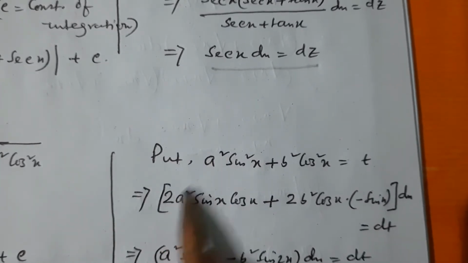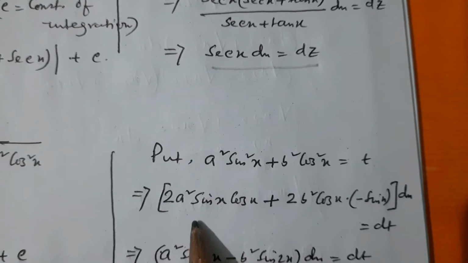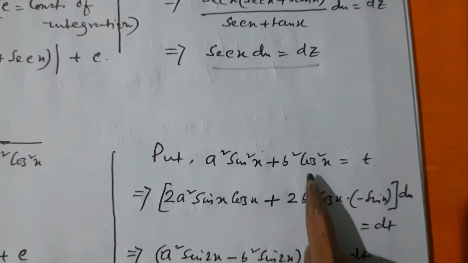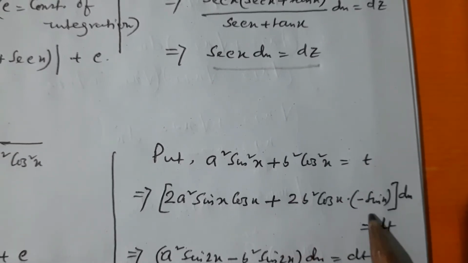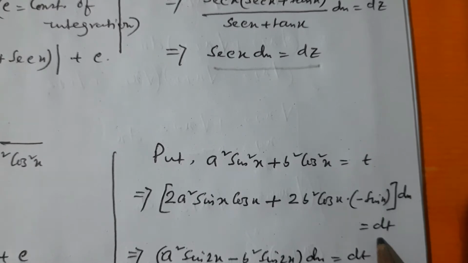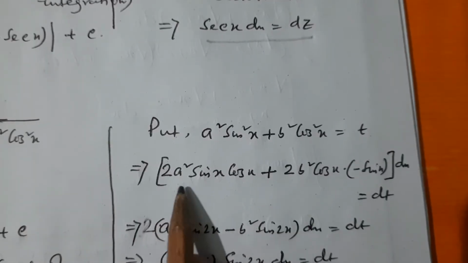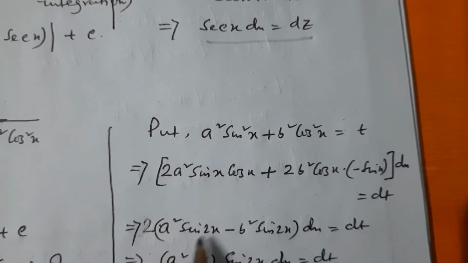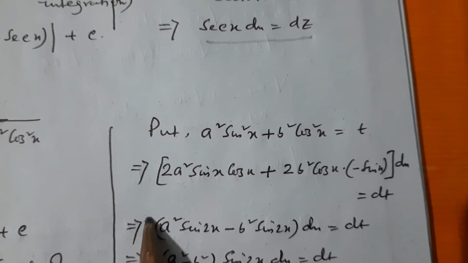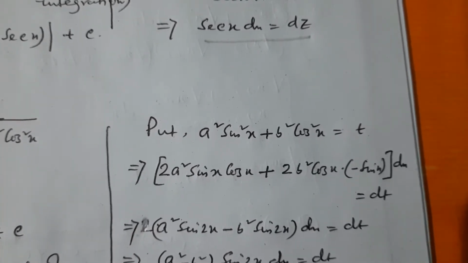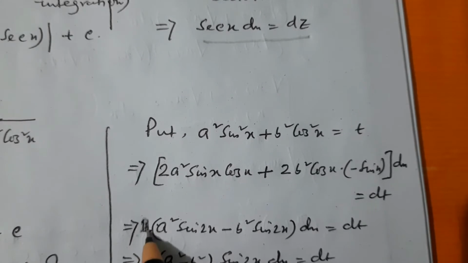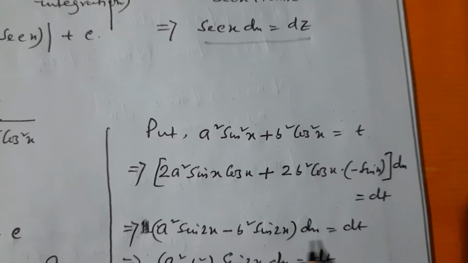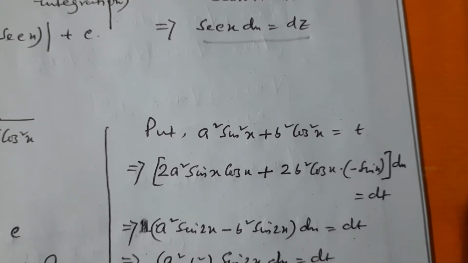A square is constant and sin square x differentiates to 2 sin x cos x, plus b square is constant, cos square x differentiates to 2 cos x into minus sin x, the whole dx equals dt. From this step, a square into 2 sin x cos x equals a square sin 2x, minus b square sin 2x, the whole dx equals dt.